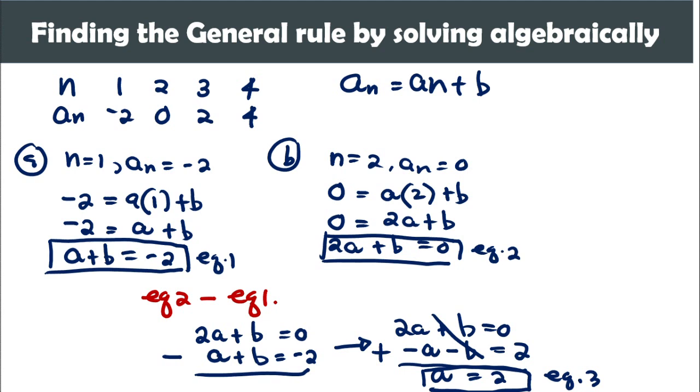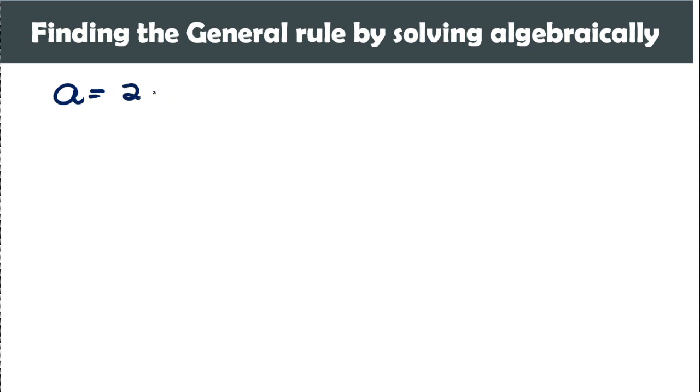Since we have now the value of a, we are going to find the value of b. So we're going to substitute a equals 2 into either equation 1 or equation 2. So we're going to choose the simpler equation. The simpler equation, if you compare these two, is a plus b equals negative 2.